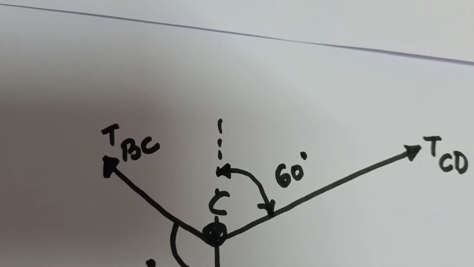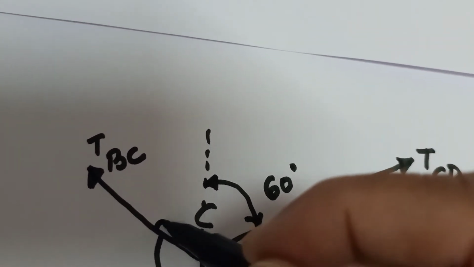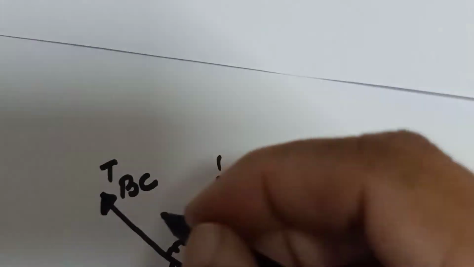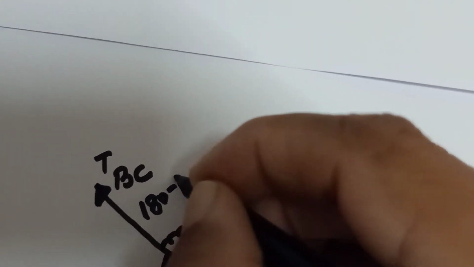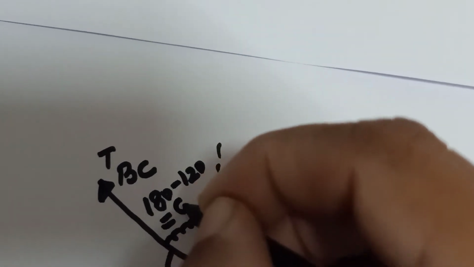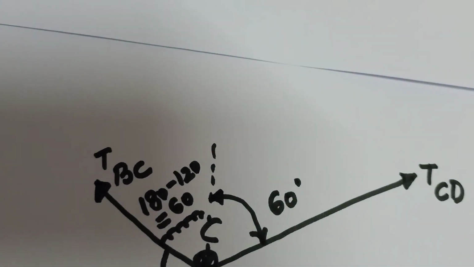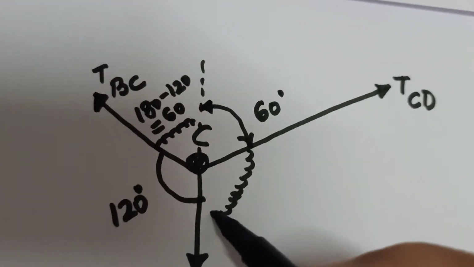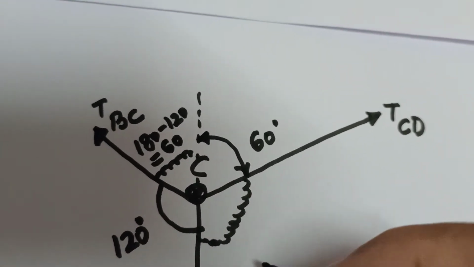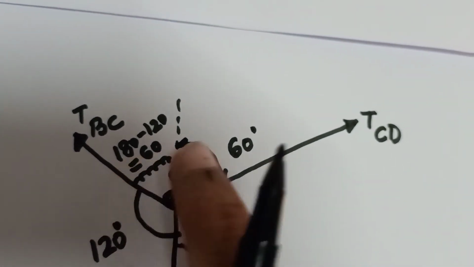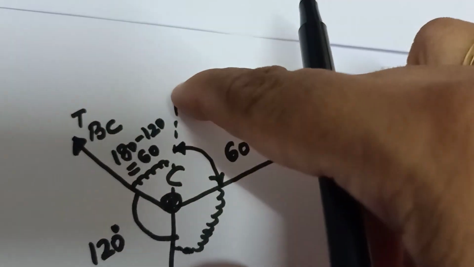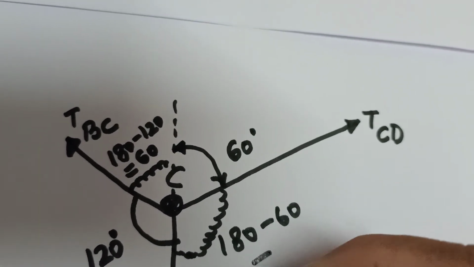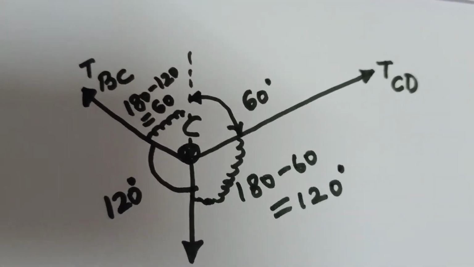Now what will be this angle? We know that it is a straight line, so total it will be 180. So this will be 180 minus 120, that is equal to 60. And if I want to find out this angle, 180 minus 60 is equal to 120 degree.